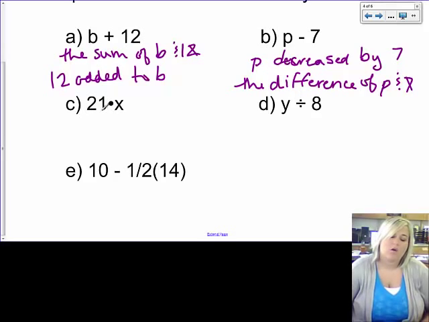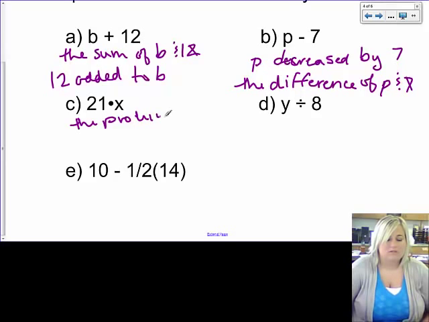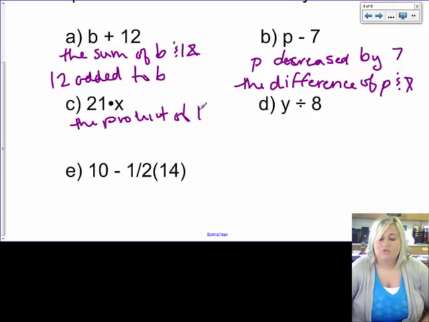Okay, on this one I could say the product of 21 and x, or I could say 21 times x.